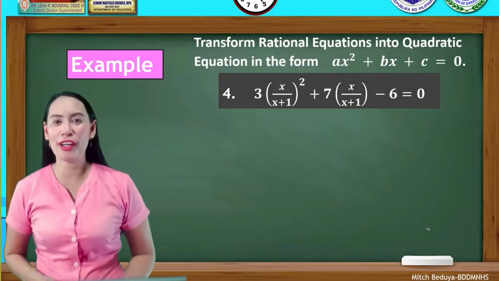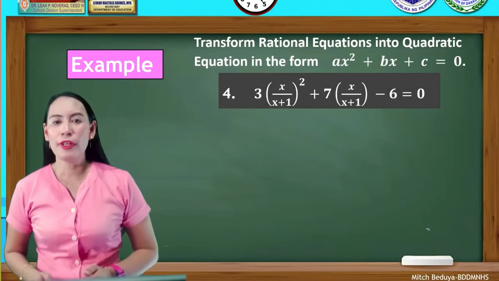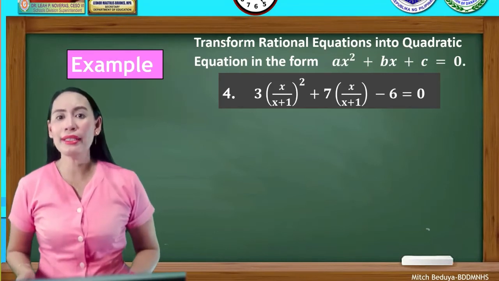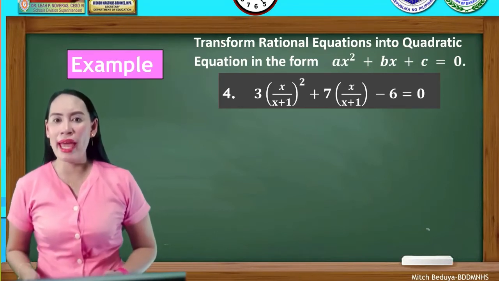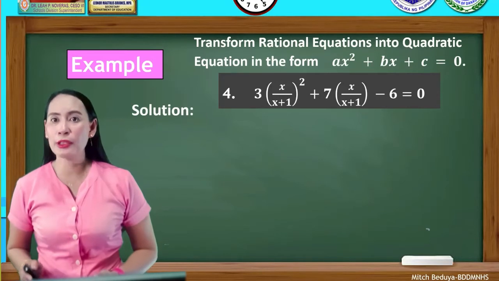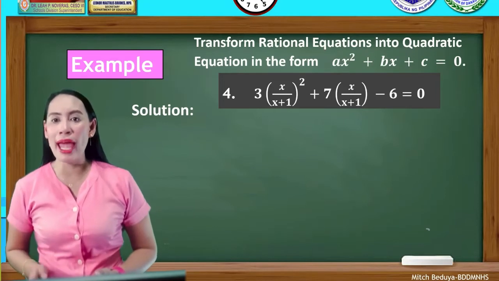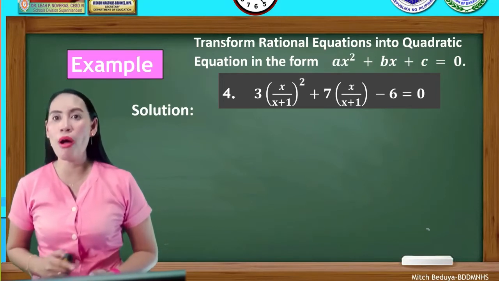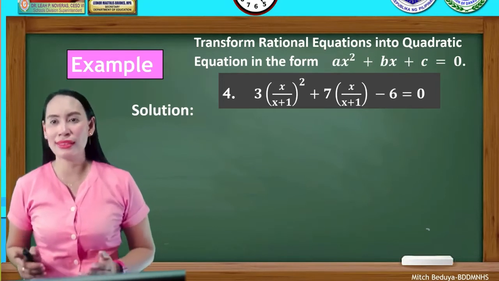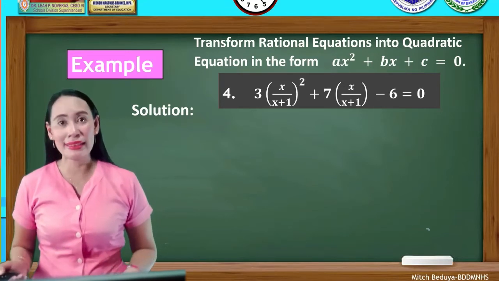Example number 4. For the equation 3 times the quantity x over x plus 1 squared plus 7 times the quantity x over x plus 1 minus 6 equals 0. So, what is the LCM?